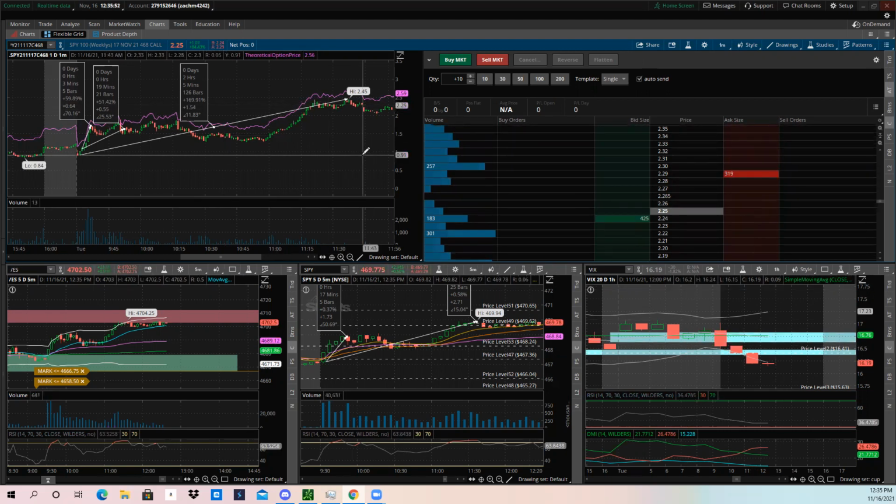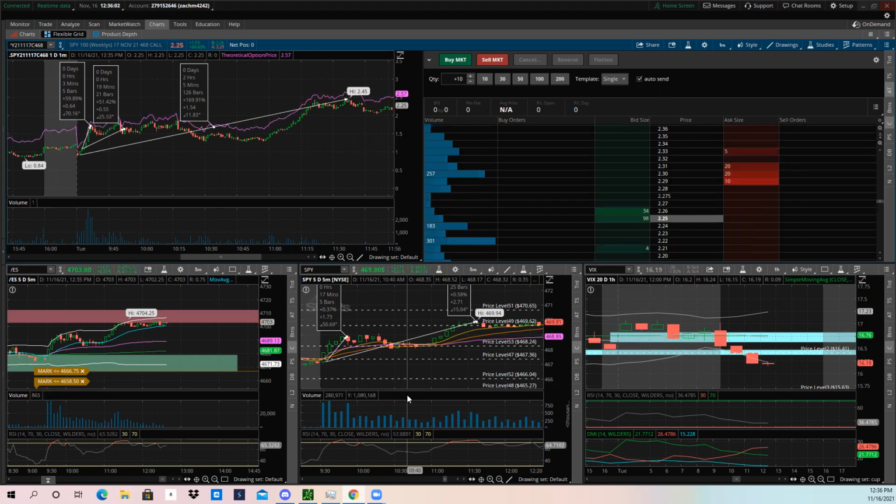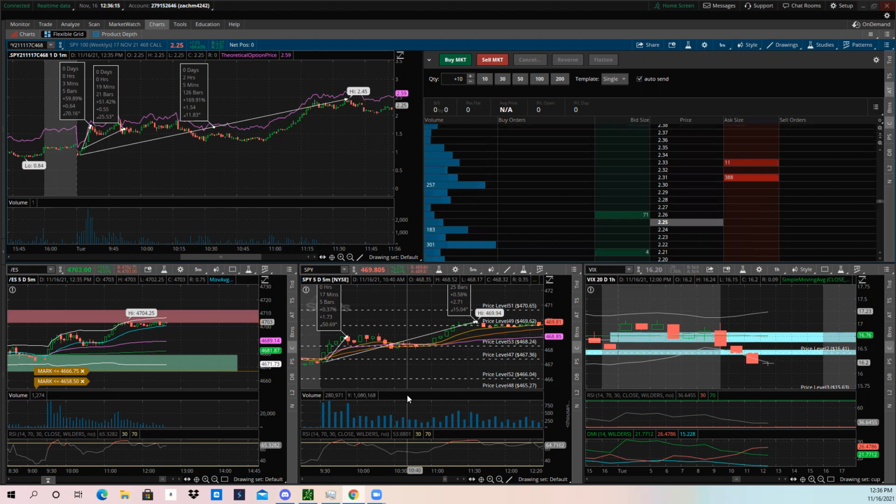What I like to do is trade the SPY. I like to trade SPY option contracts that expire within 3 days or less. Those are very volatile, and the SPY is super liquid, so you can buy a bunch of those without really moving the market.